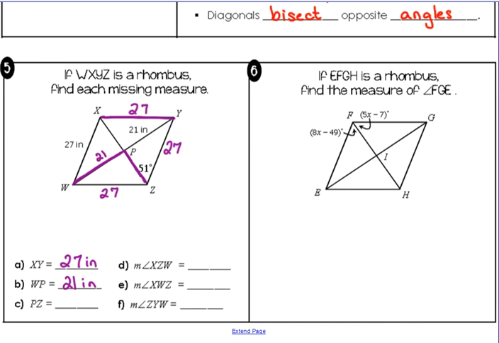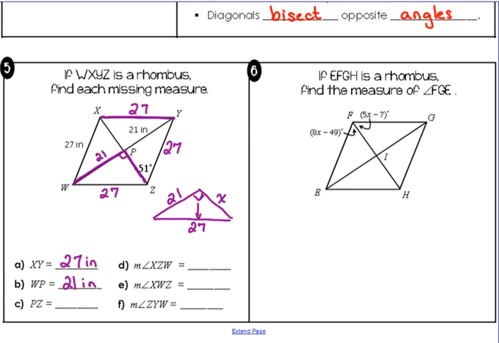So, PZ is not, but what we do know about a rhombus is we have right angles here in the middle. So what we have, let me pull it out so that it's a little bit more clear, we have a right triangle. 27 is here, 21 is here. We are looking for that part right there. 27 is the hypotenuse.